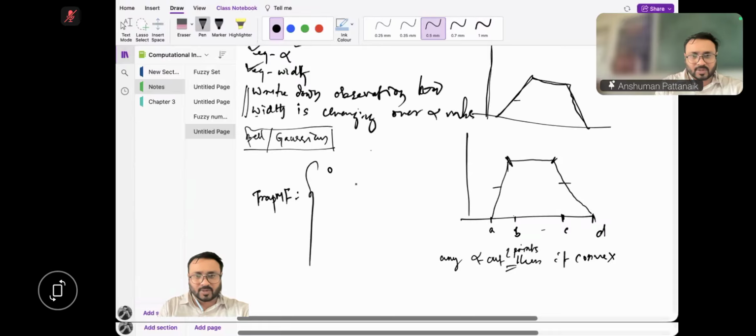The trapezoidal image is 0 when x is less than a. Then it is (x minus a) divided by (b minus a) when x is in between a and b.